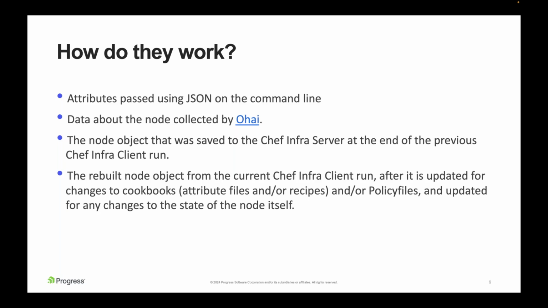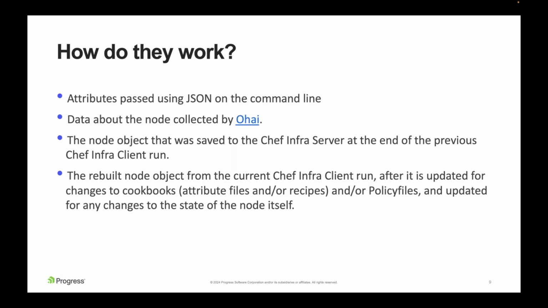So if you guys have never heard of this term Ohai, if you've been using Chef for a while, Ohai is a tool for collecting system configuration data, right? Your node information, your config system data, all of that. You use Ohai to collect this information. So in turn, it provides Chef Infra client to use in cookbooks all of this information.